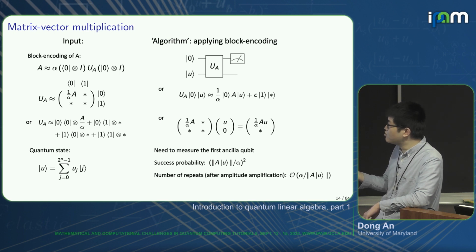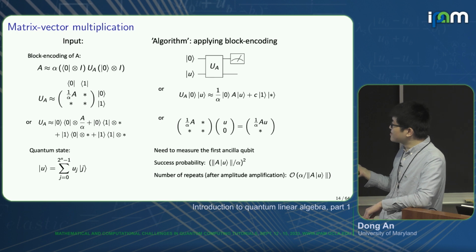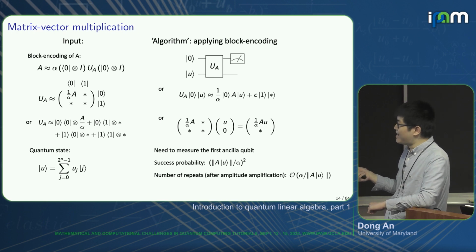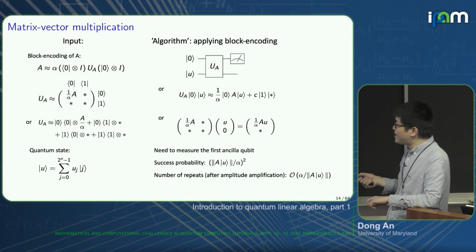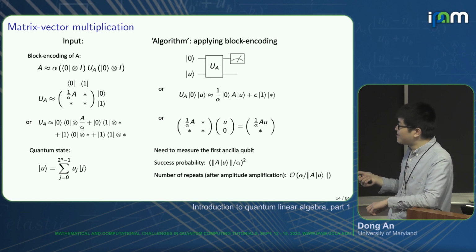This |u> is a 2 to the n-dimensional vector, and by this U_A, I mean that I'm applying this operator on the entire space. I put U_A here, and this thing is the measurement. That is, I measure the ancilla qubit to get a result.